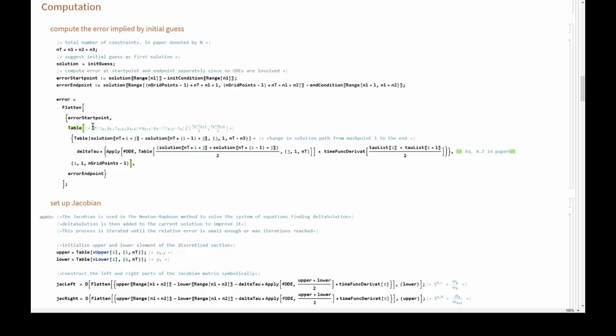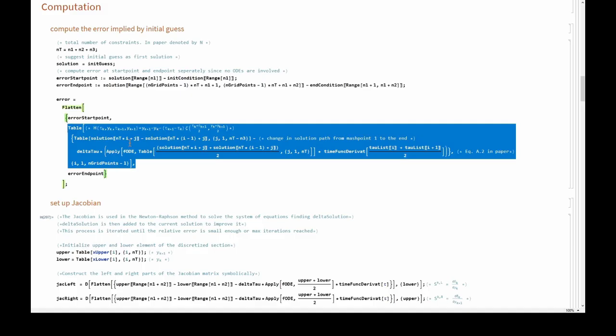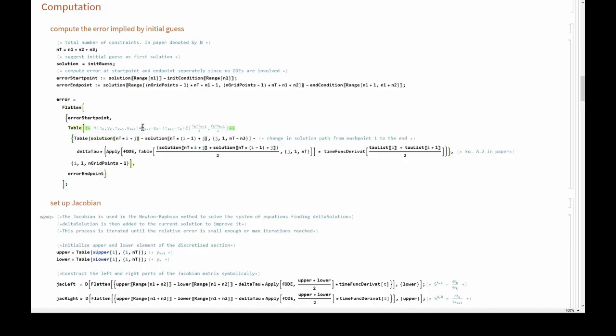I also typed it here again for you to see it. Every element in this table refers to an element in this equation.